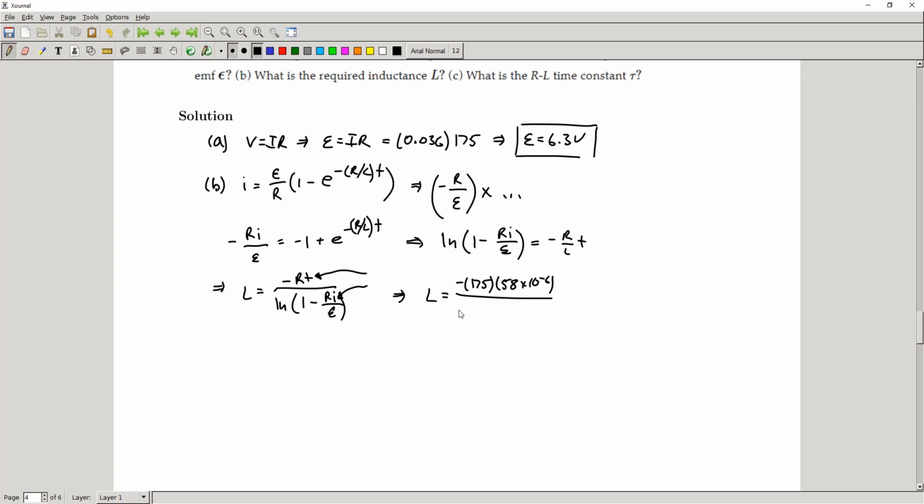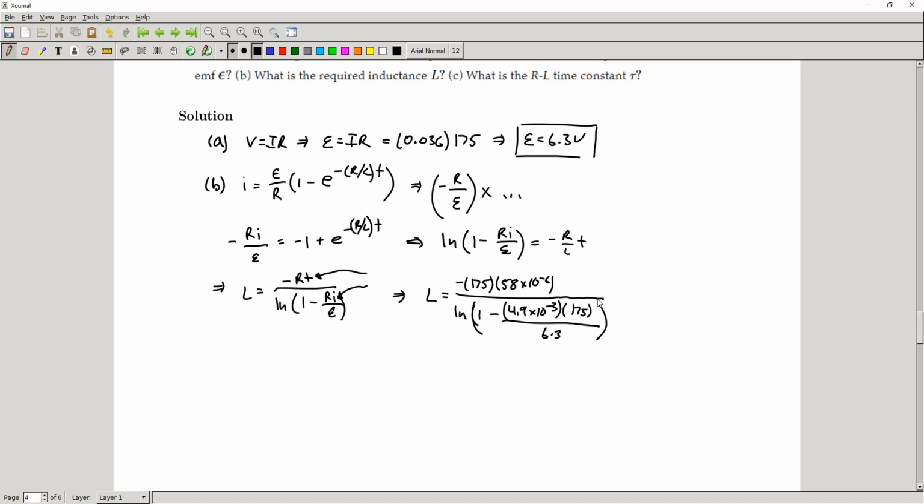And then in the denominator here, we have the ln of 1 minus, we have our resistance times I at that time, so it's going to be 4.9 times 10 to the minus 3 times 175 over our 6.3, right? That's the EMF that we found just before here. So we'll take the ln of all that and then put it in the denominator of this calculation here.